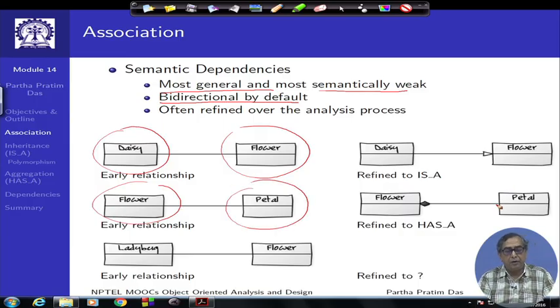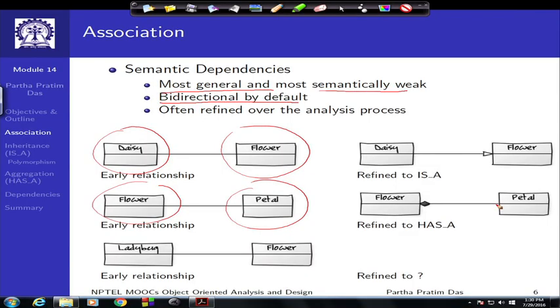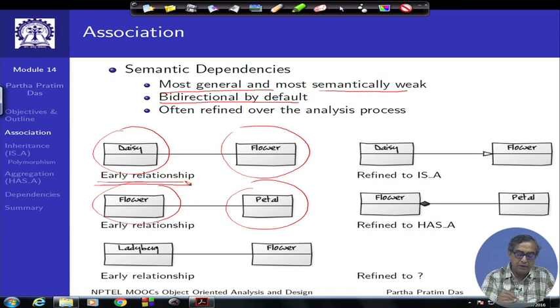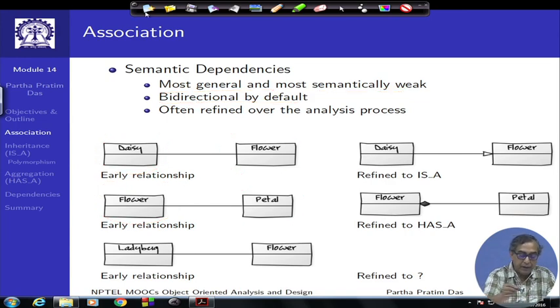Now, associations often happen in early stages of the design. So, when we have come across a daisy, a flower, a petal, a ladybug and so on, we will initially try to identify the different ways they may be semantically associated, and we just draw these early relationships as bidirectional links, which do not have any arrowheads.